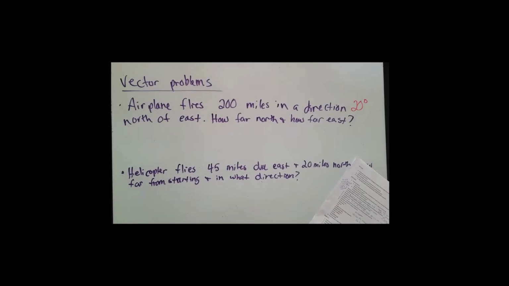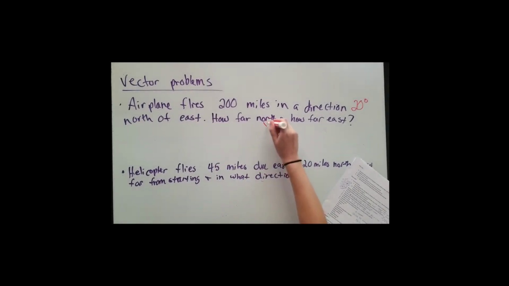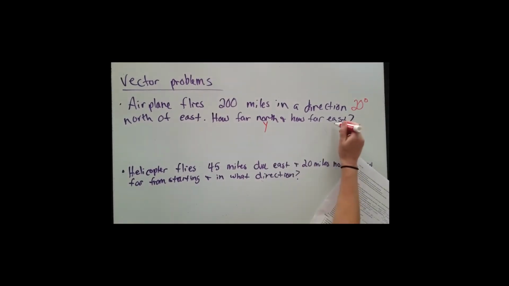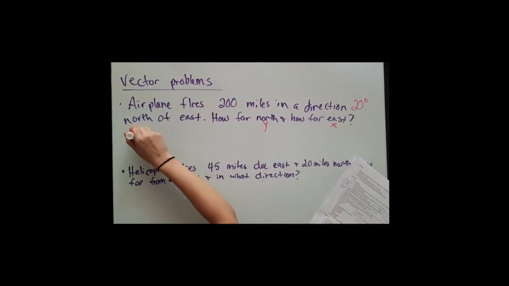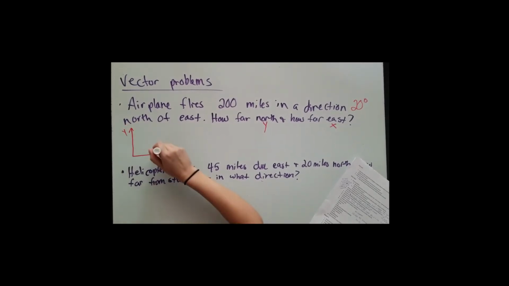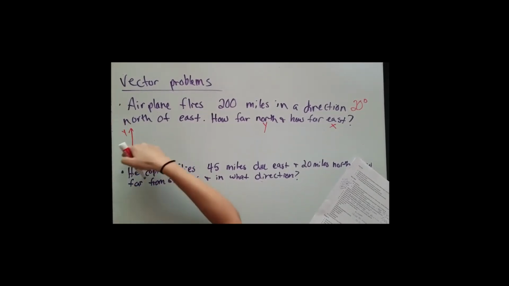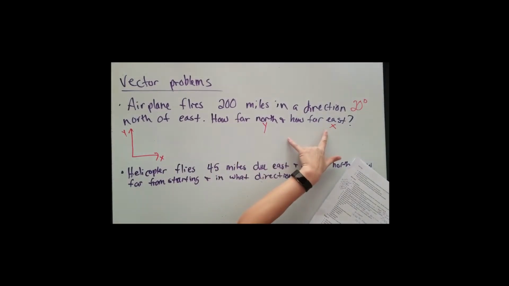Remember, north is the y direction. East is the x direction. If we draw our axis, this is the x-axis, this is the y-axis. So y is equal to north, x is equal to east. Right away I can tell that it wants me to solve for my x and y components.